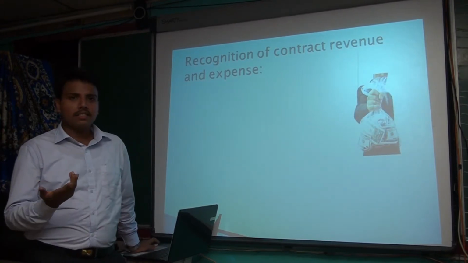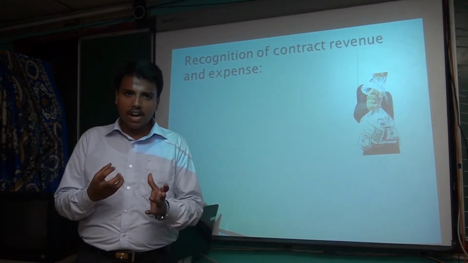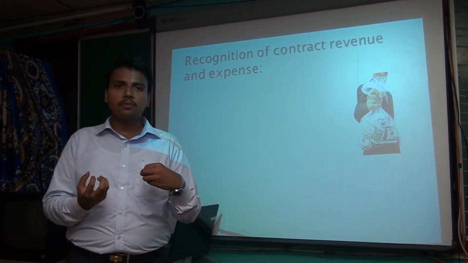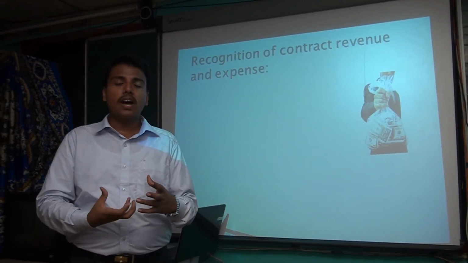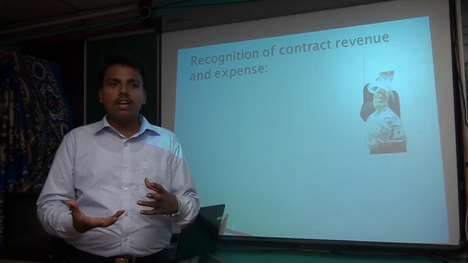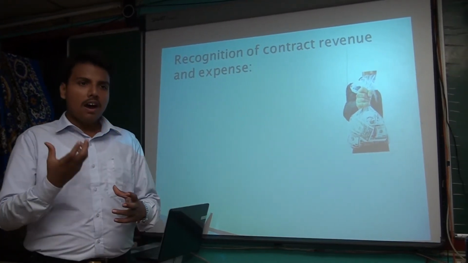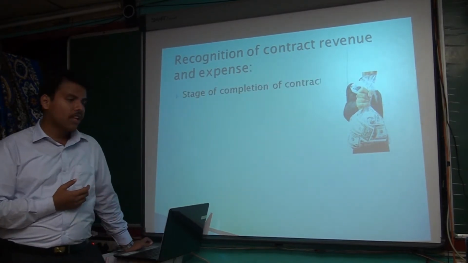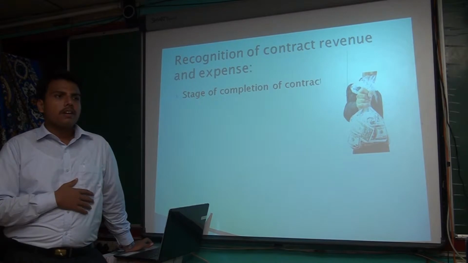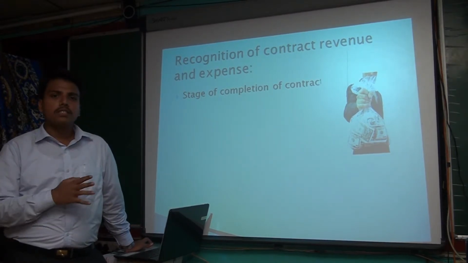As we have already discussed, in services, revenue is earned and expenses are incurred as the construction is progressing. So as the construction is progressing, this means we should know the stage of completion of the contract. So how to determine the stage of completion of a contract? Here, there are only 3 methods which the standard prescribes.